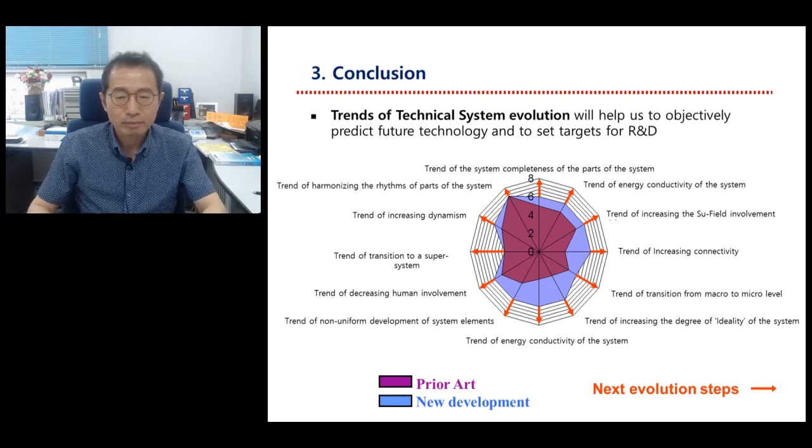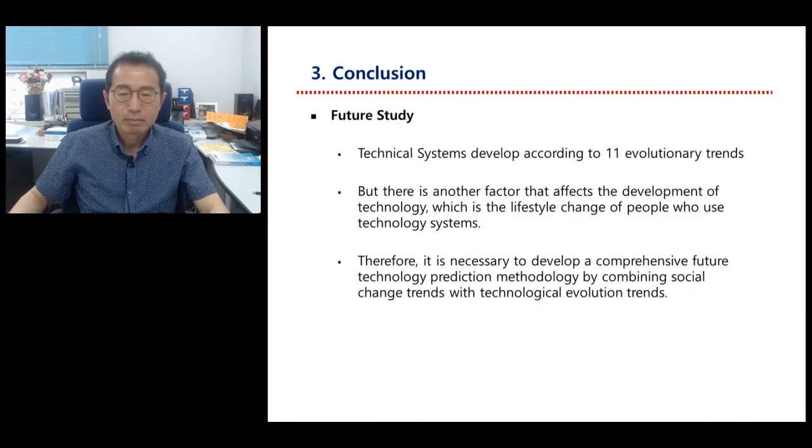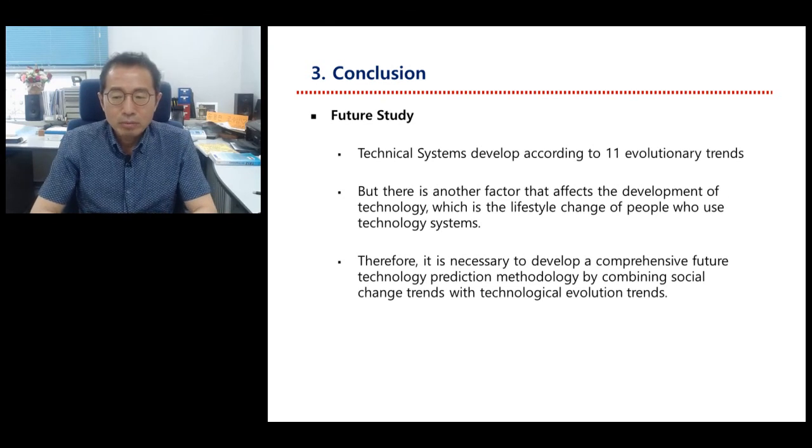So we can make new methodologies to predict future technology based on objective trends of technical system evolution. These 11 evolution trends can be useful for establishing future technology development strategies.